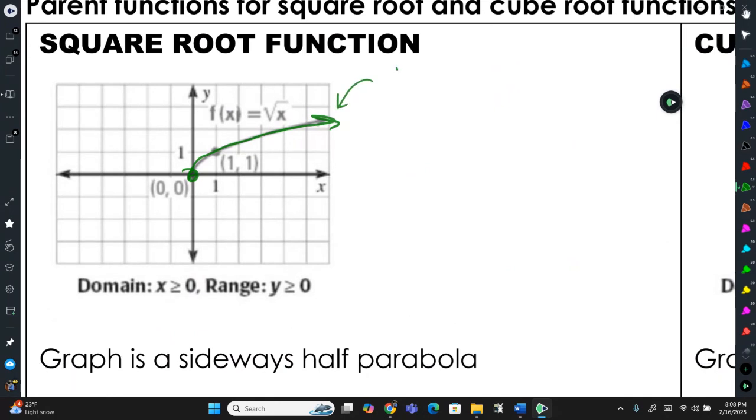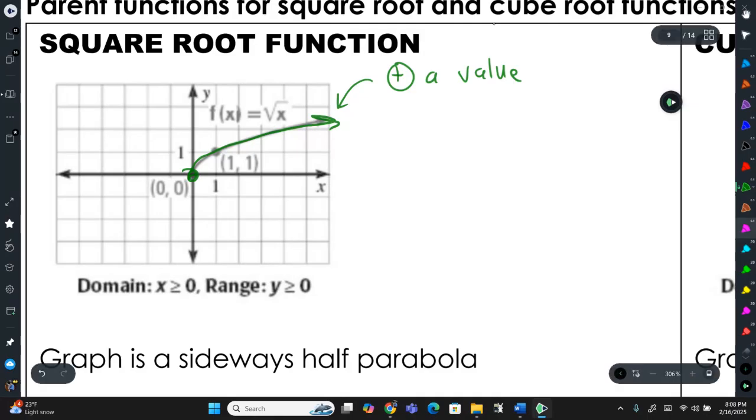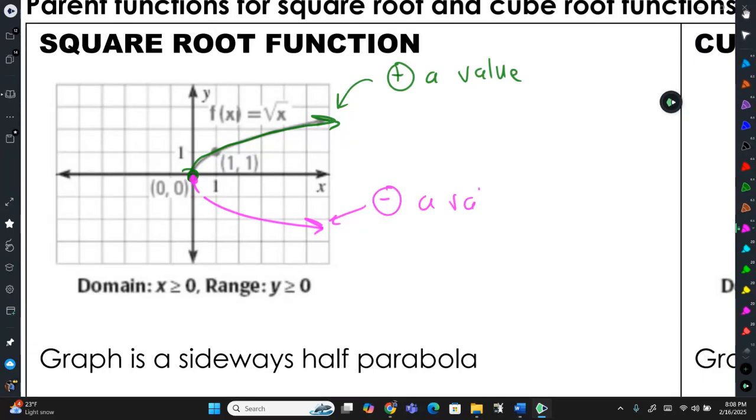So this is a positive a value, and if a was negative, it would go underneath. Negative a value. So notice when you put the two halves together, you get a full sideways parabola, and when we take the square root of something when we're solving, we need plus or minus, and this is the reason for that.